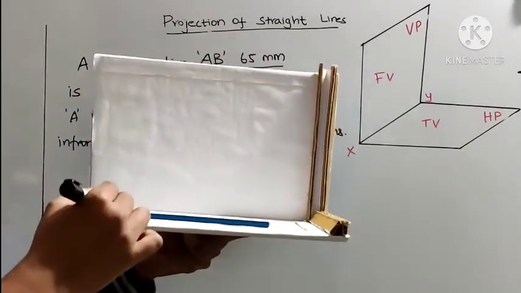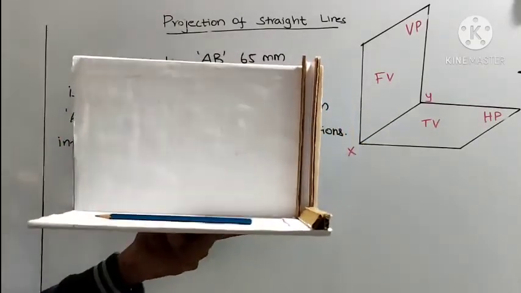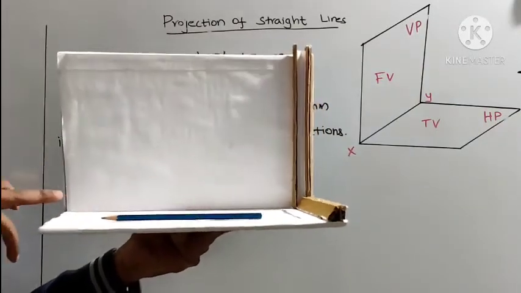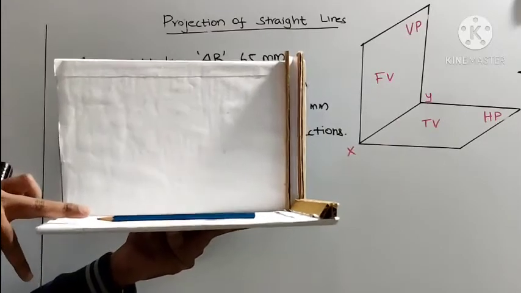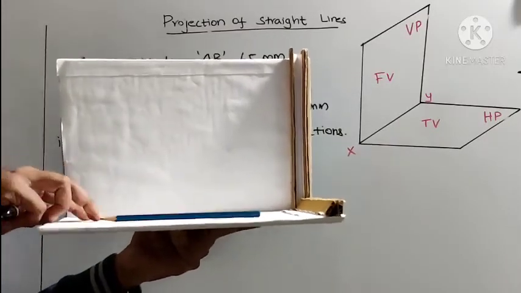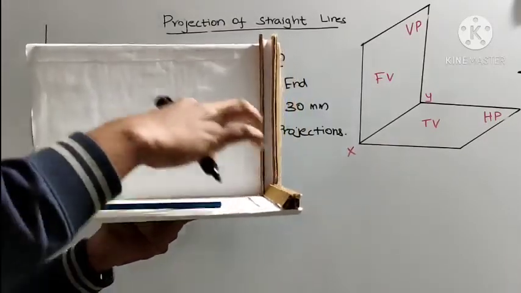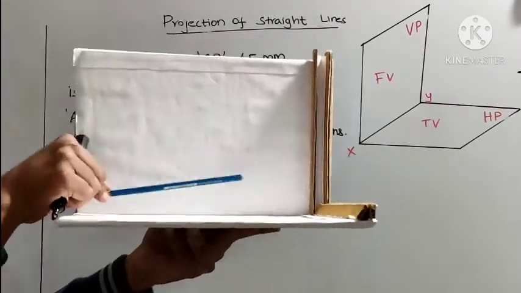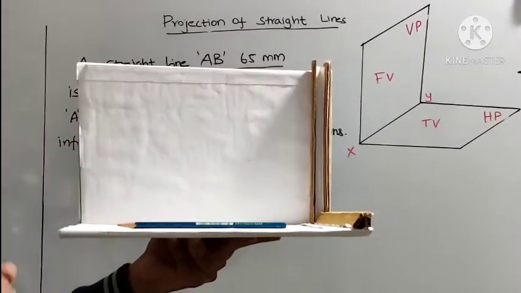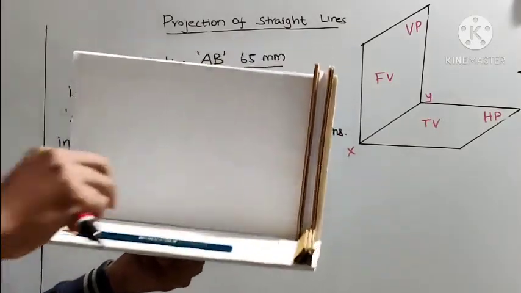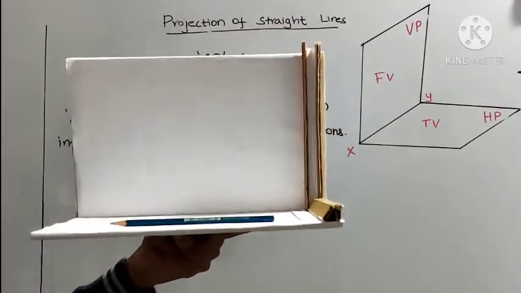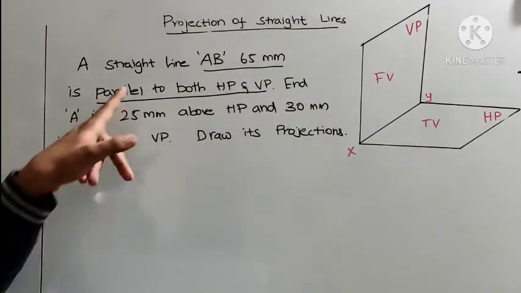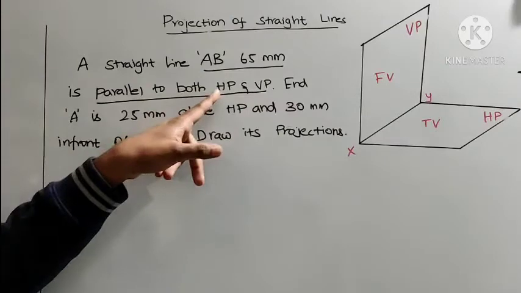Let's assume this is end A and this is end B. You can call the line parallel to the vertical plane when the distance of end A from the vertical plane is equal to the distance of end B from the vertical plane. If that is so, then you can call the line parallel to VP. Similarly, if both distances are equal, then you can call the line parallel to both HP and VP. So they mentioned that it is parallel to both HP and VP.